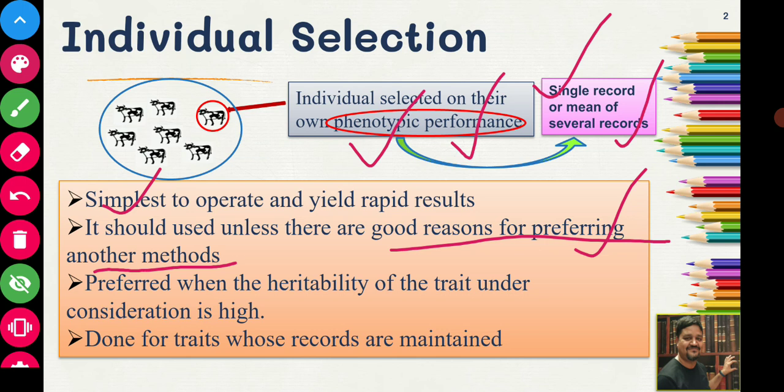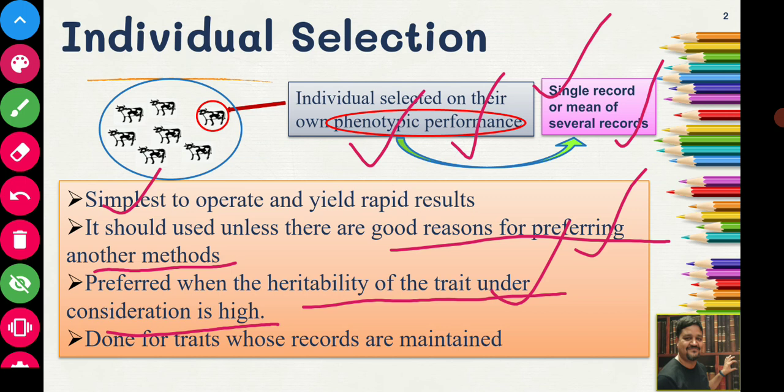It is preferred when the heritability of the trait under consideration is high. This is the condition for individual selection. Why should heritability be high? Heritability decides whether a trait expressed by a particular parent will be transmitted to its progeny or not.